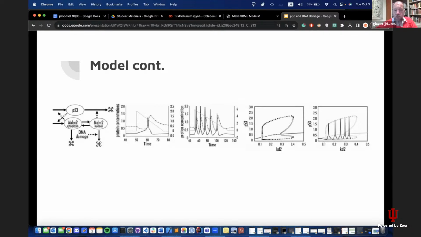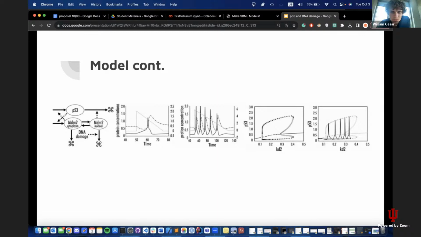So that's what this is, the steady states of P53. They were plotting the bifurcation. In this case, those top and bottom dotted lines, P53 is not at steady state, it's oscillating.